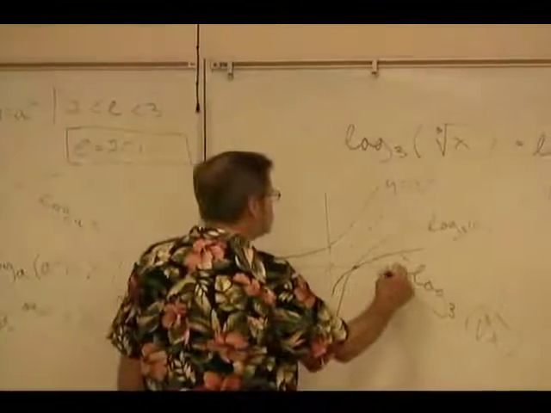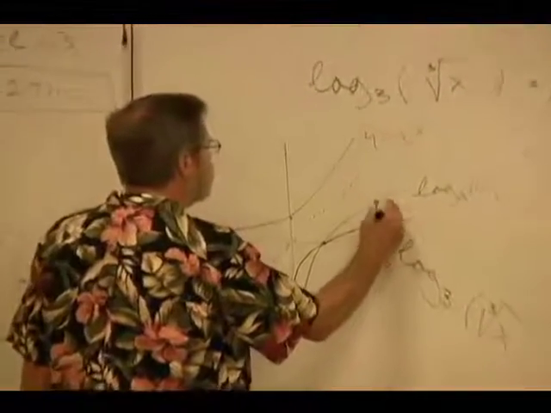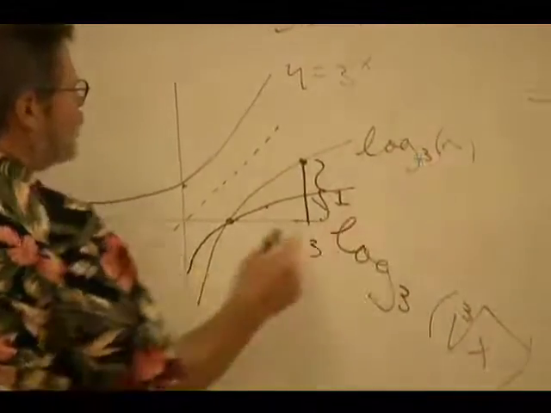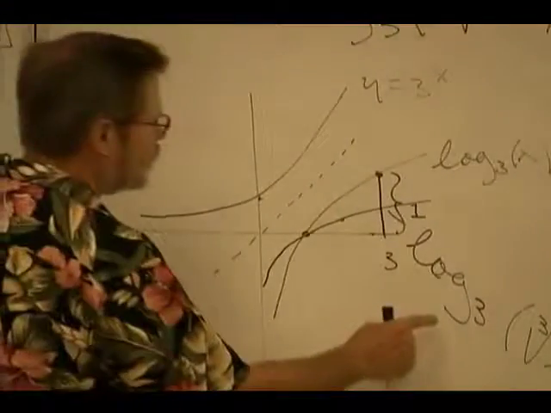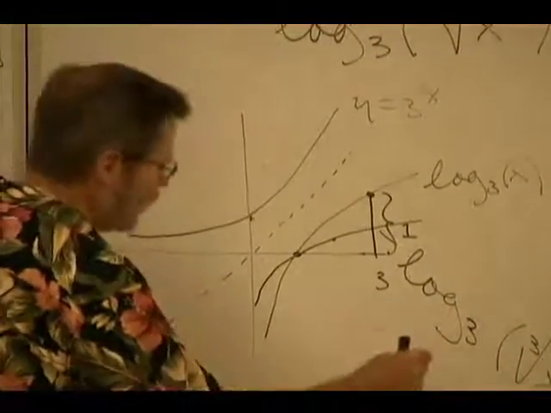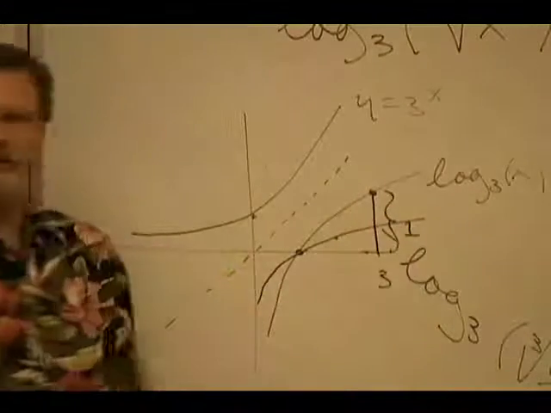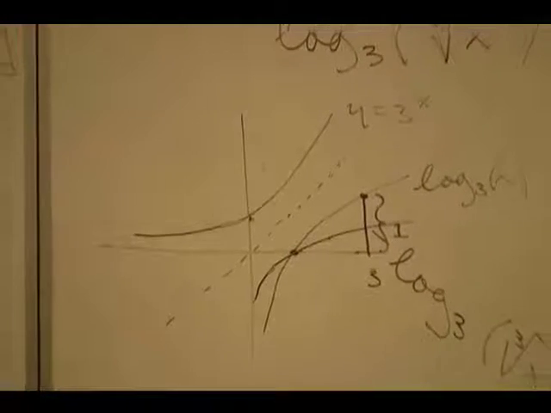So if I jump over here to x equals 3, this curve is up at 1, because log to the base 3 of 3 is 1. This particular curve, log to the base 3 of the cube root of x, is then 1/3 of that height. So everything is scaled down by that factor of 1/3.